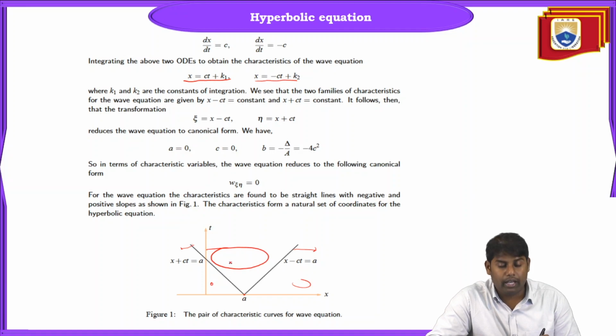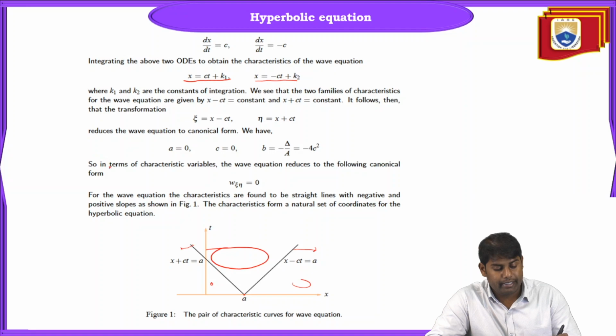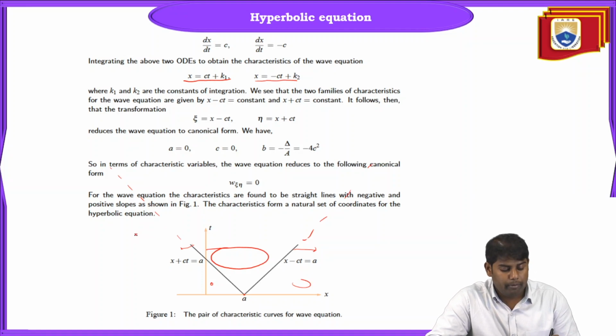In between these two lines, we have the disturbance, which is propagated throughout a certain zone. If you extend this line in this way, the disturbance is propagated in this way only. But if you come out of this, what happens? This is called the zone of silence, and this is the zone of disturbance.